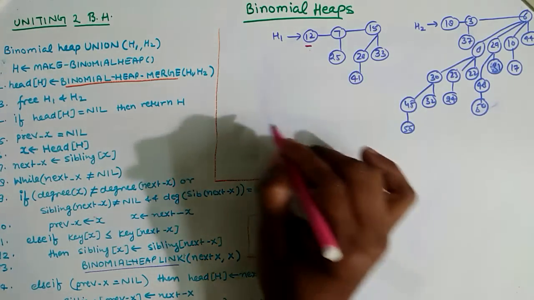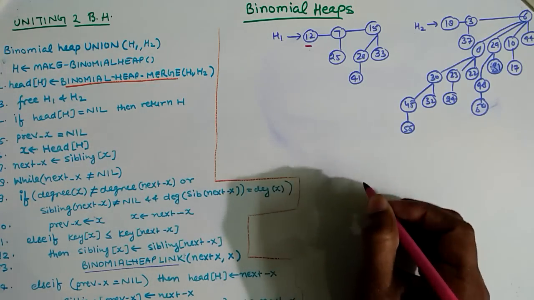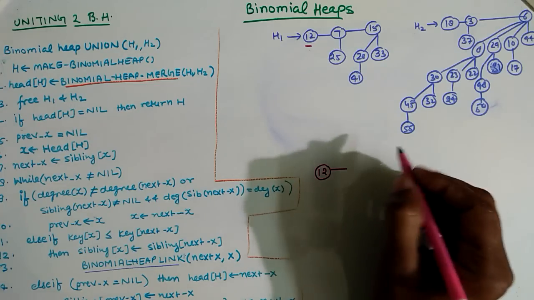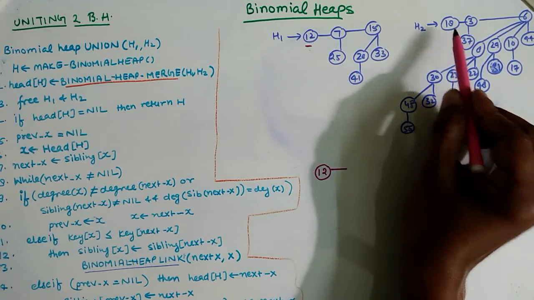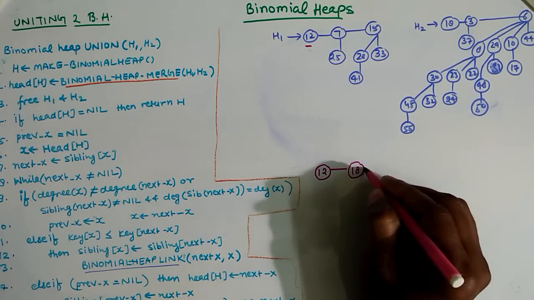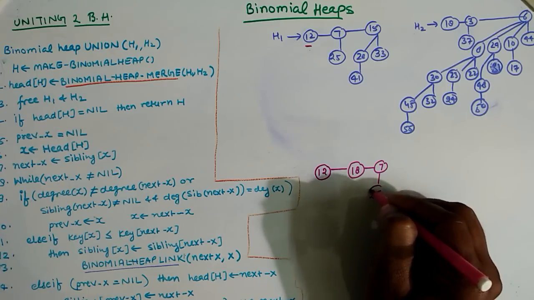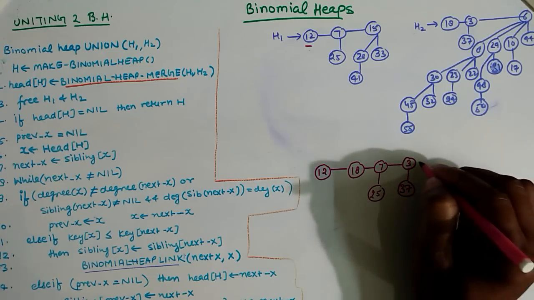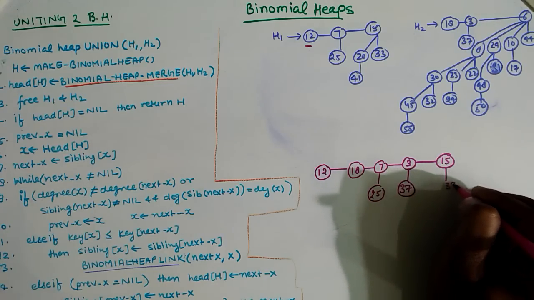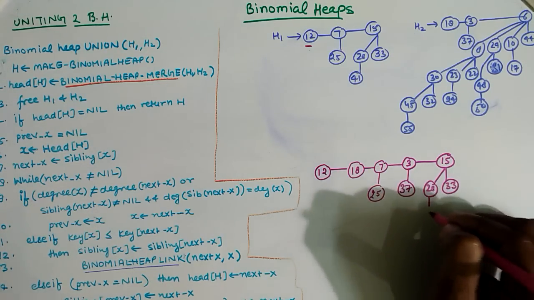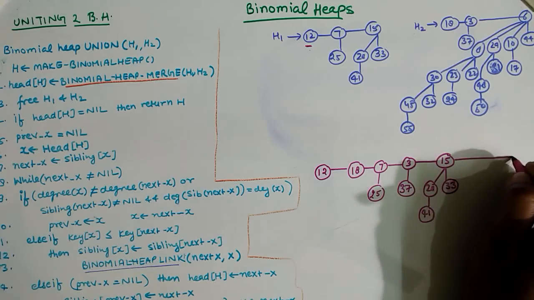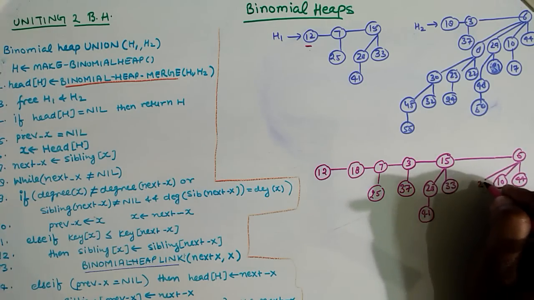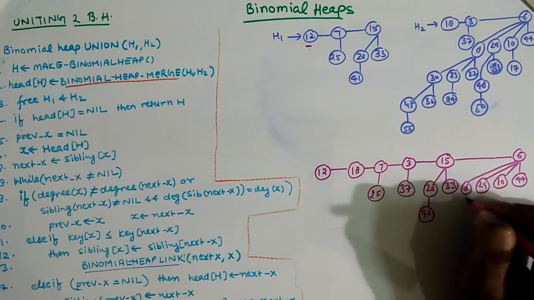Initially, from this one, 12 will be drawn, so I just draw 12 here. Then 7 has degree 1, and scanning from here, this has degree 0, so I write down 18, then write 7 with the information 25, then write 3 with information 37, then write 15 with information 33 and 28 with child 41, and then append 6 with 44, 10, 29 and 8, and many more nodes are there.